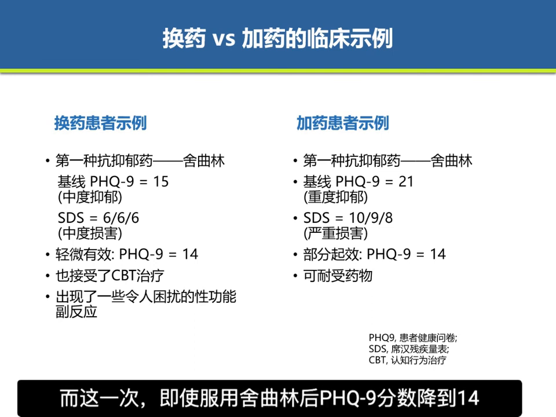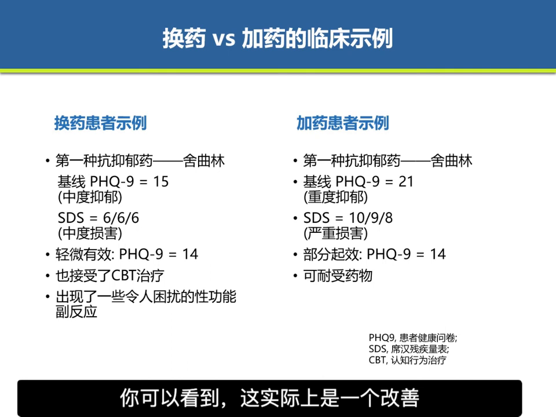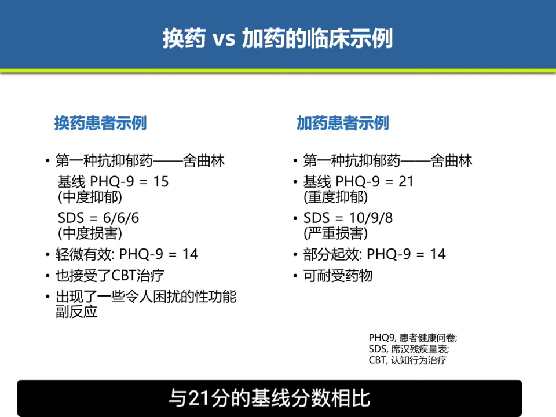And this time, even though their PHQ-9 score after treatment with sertraline is 14, same as in our previous scenario, you can see that this is actually an improvement from the baseline score of 21. They've actually had about a 30% improvement in their score, a partial response. And they're also tolerating the medication without side effects.